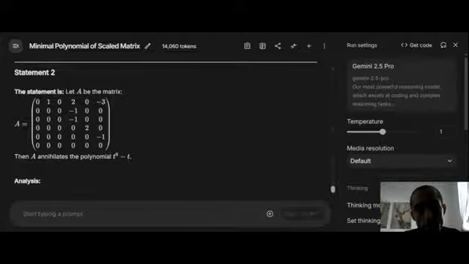So we need to remember that it's not a zero matrix. Okay, so let's continue.